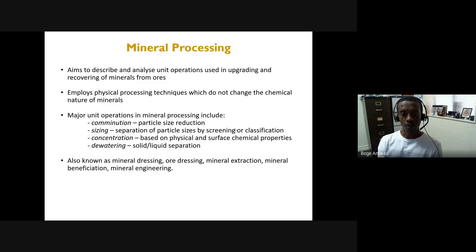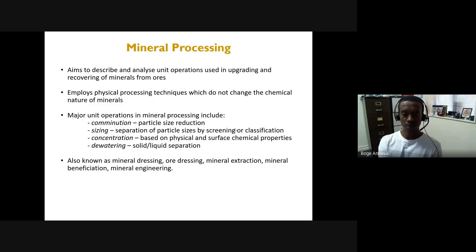So in mineral processing, the whole point is, instead of putting all these materials through the processing mill and trying to extract the gold at the end of the process, to recover only the part or portion that is valuable.